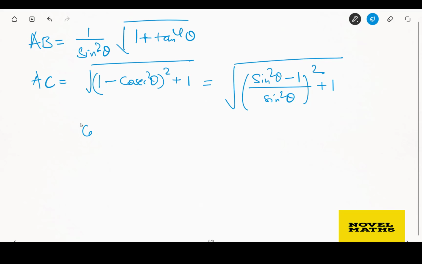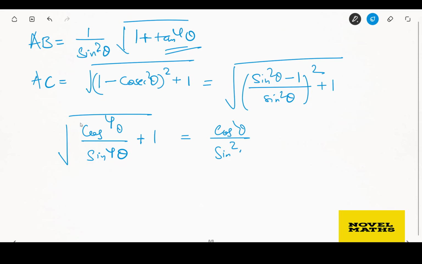We can write it as cos 4 over sine 4 plus 1, and again we can simplify this in terms of tan, because that will be easy to add. If we take cos square theta and sine square theta outside, this will be 1 plus tan 4 theta. Alright, so AC also we have.